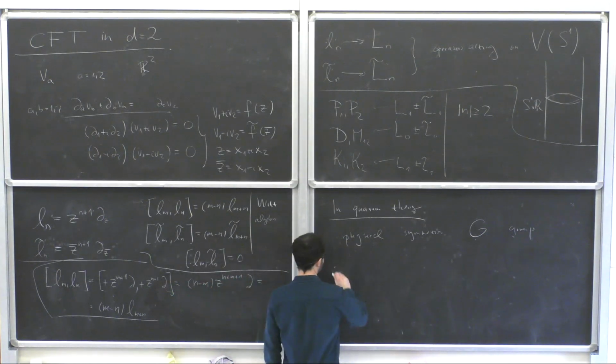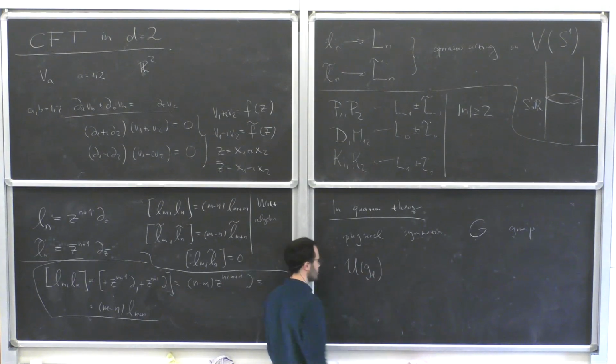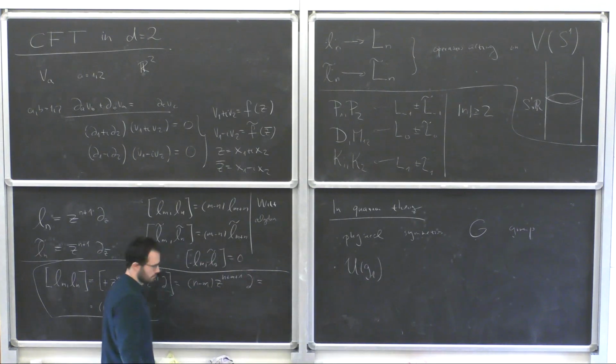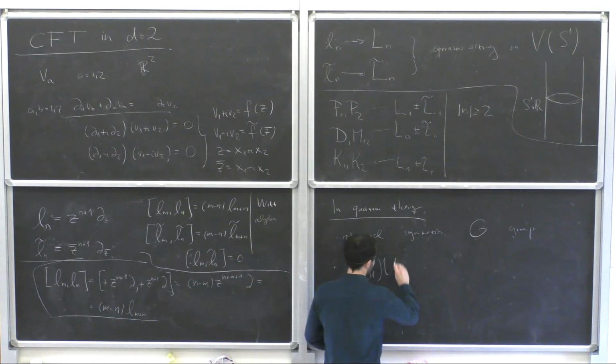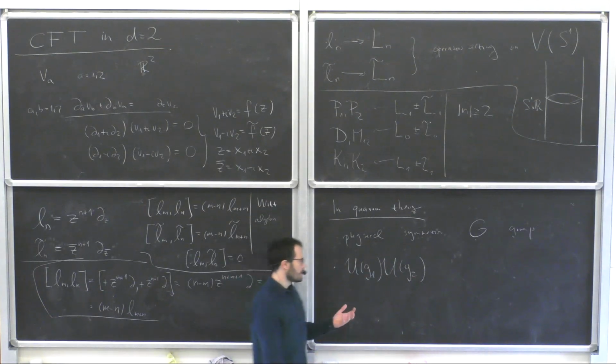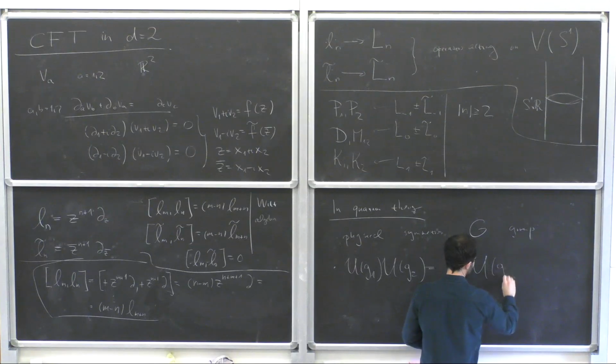Then on a Hilbert space, Wigner told us that these would be represented by unitary or anti-unitary transformations, but these transformations don't have to satisfy the same group law. They do have to satisfy the same group law, but only up to a phase.